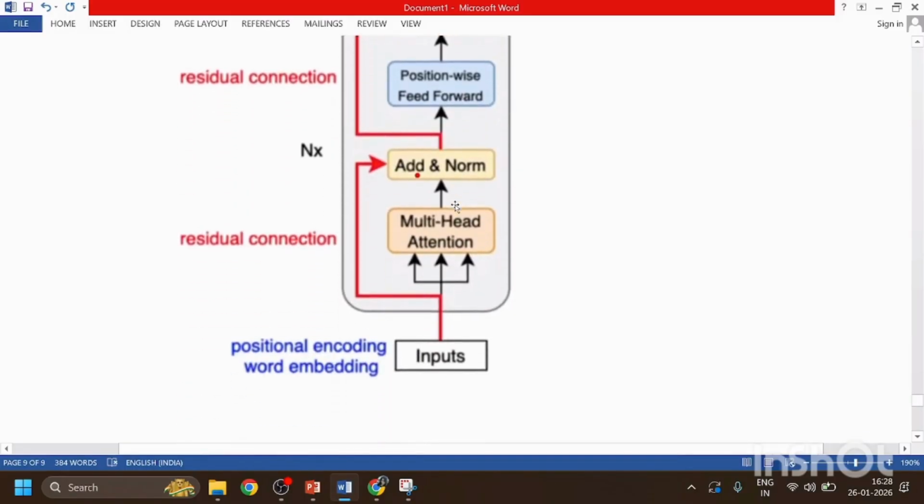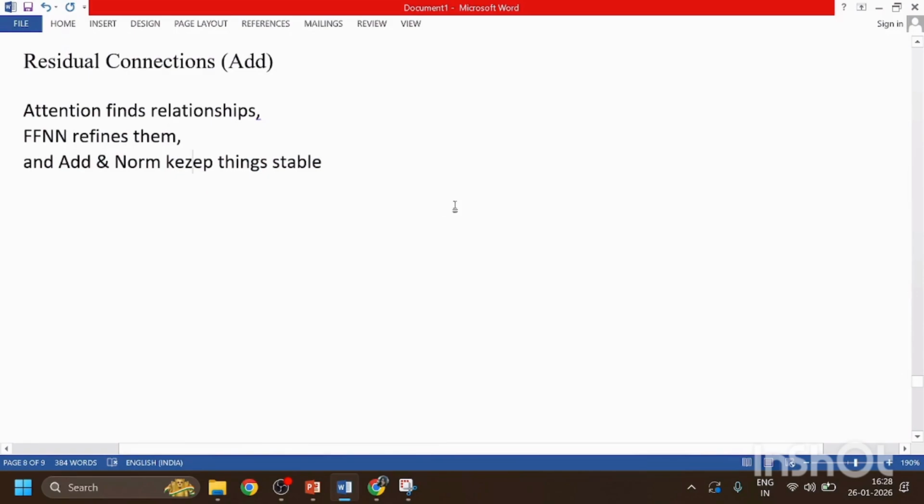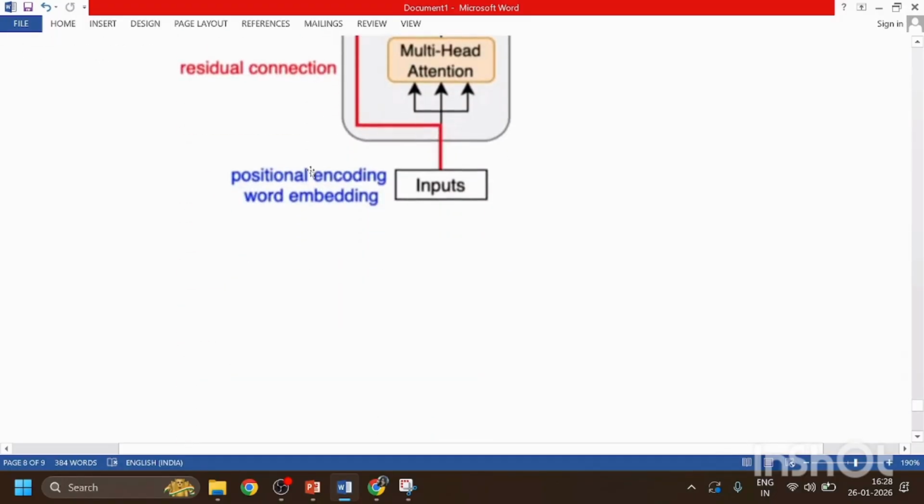So finally we say: attention finds the relationships, the FFN, feed forward neural network, refines them, and add and normalize keeps things stable. I hope you got it.